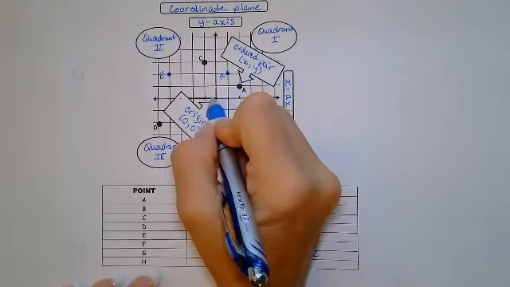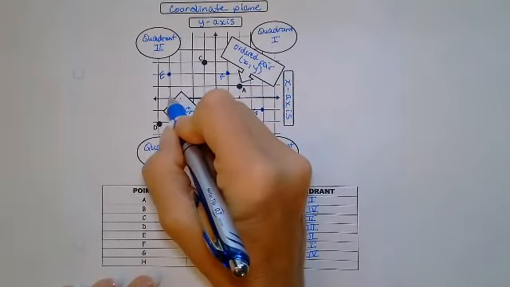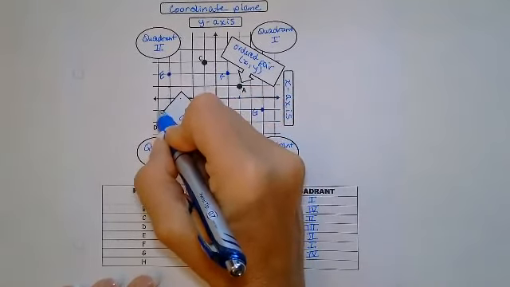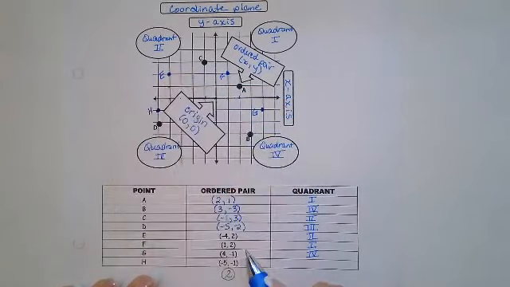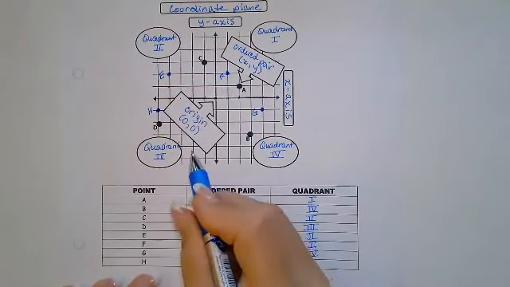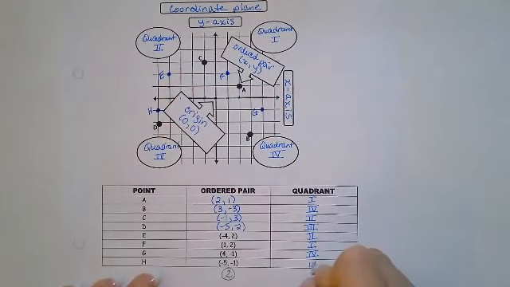So here's my origin. Go to -5 and then down to -1. So that is point H. And it's in quadrant 3. And that is the vocabulary for their unit on functions.